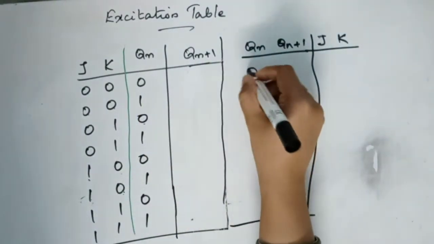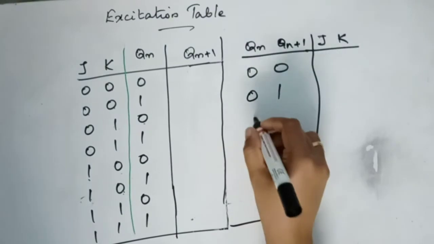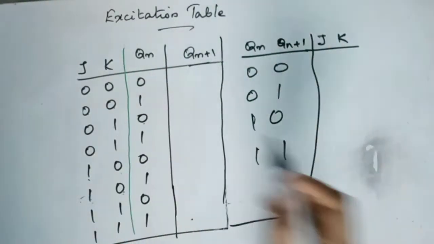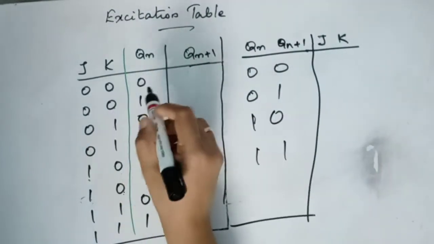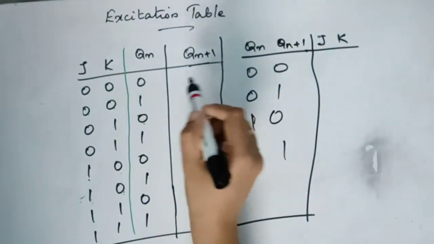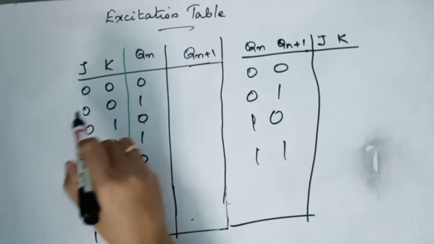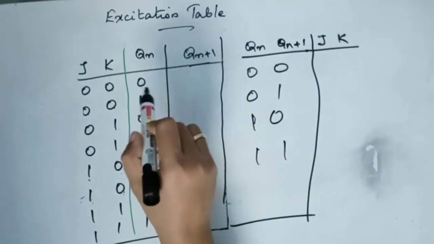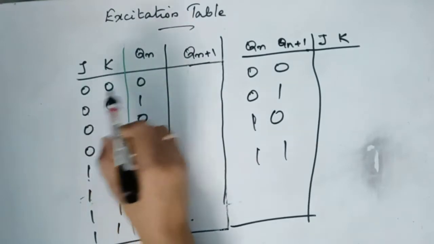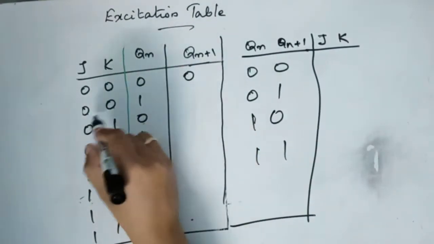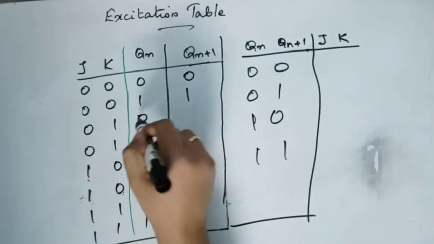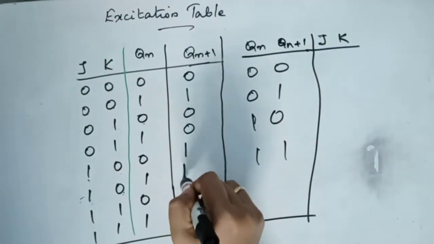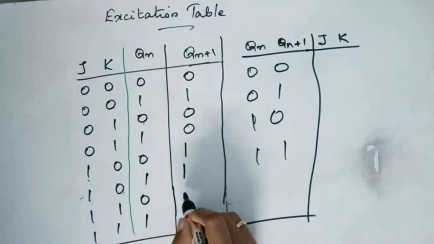Sorry, before that we have to write the characteristic table of the JK flip-flop. So JK 0 0 means previous state. 0 1 is 0. 1 0 is 1. And 1 1 is Qn bar.